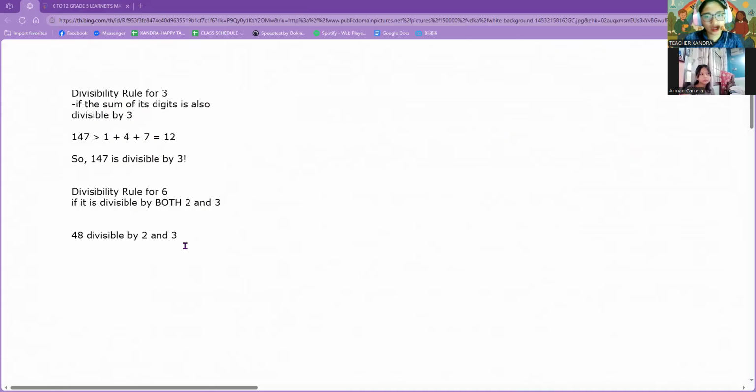Next example is 132. Is this divisible by 6?